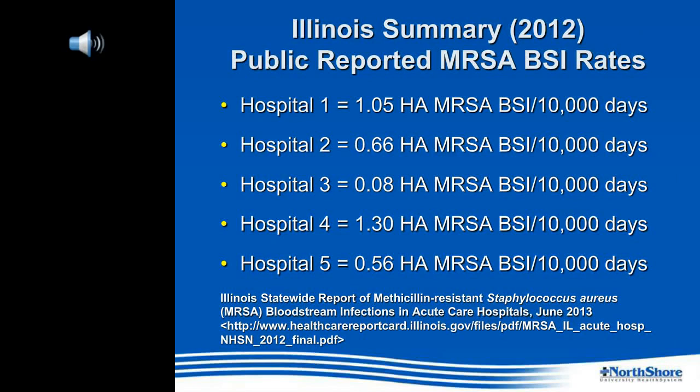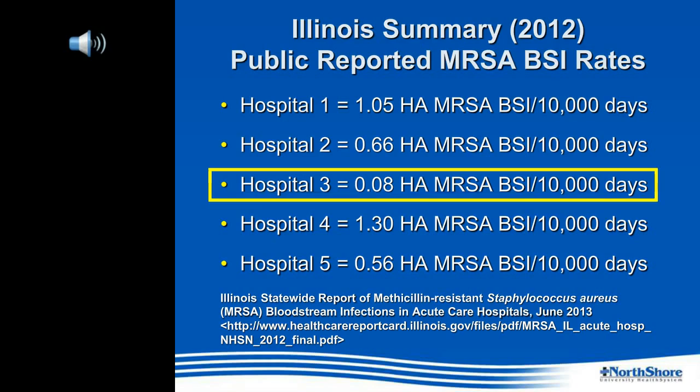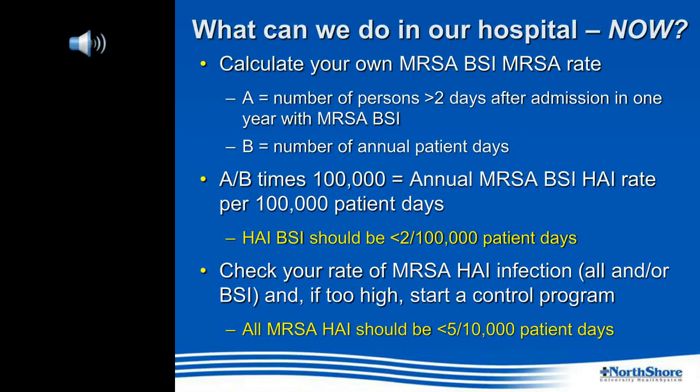Illinois publishes publicly the MRSA healthcare-associated bloodstream infection rates, and we're the hospital in the middle here, and you can see that our rates compared to other Chicago area hospitals are 7 to 15 times lower. So when this data is available, patients can look at it and actually make some decisions as to where they want to go based on what they see as the safety of the environment.